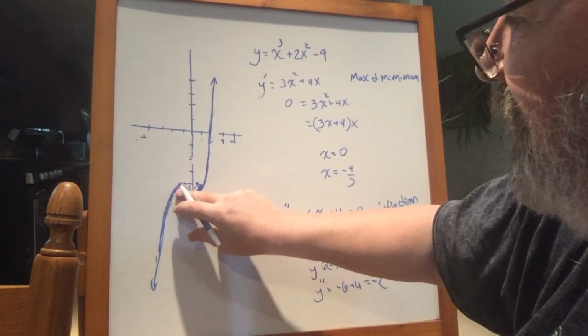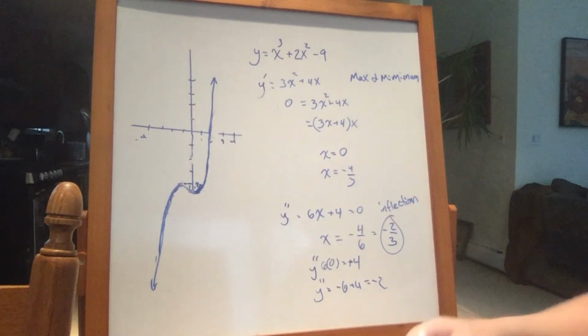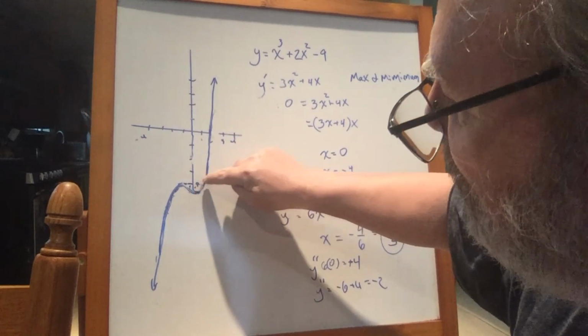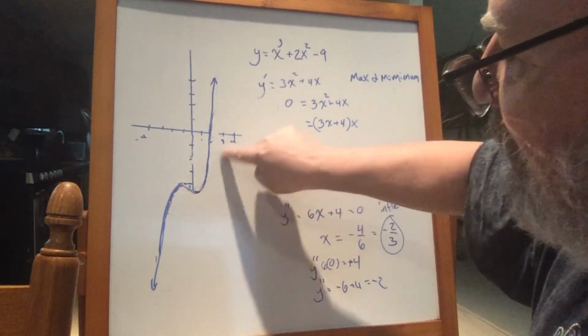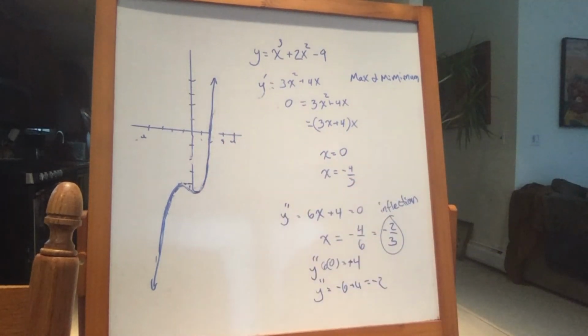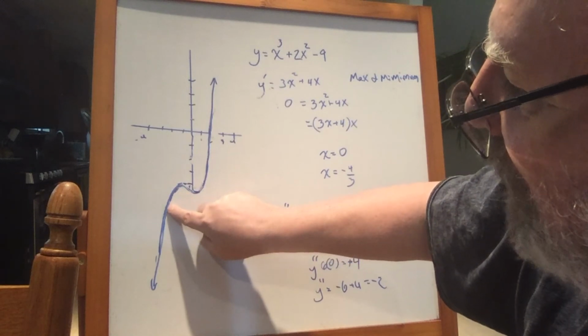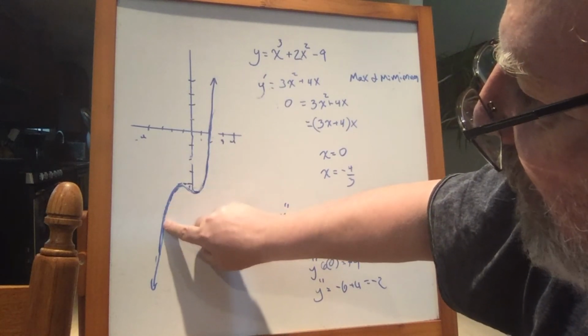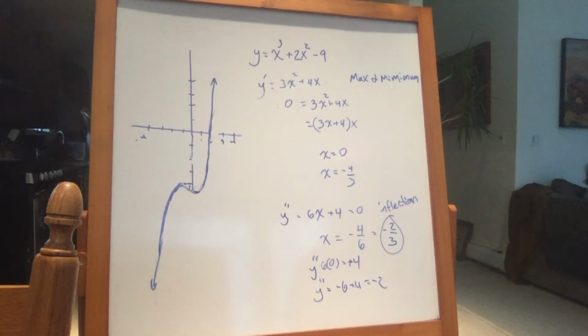So this is how we use calculus to help us plot. All right, so that's the curve that we've got there, and I did mess it up a bit, but there we go.